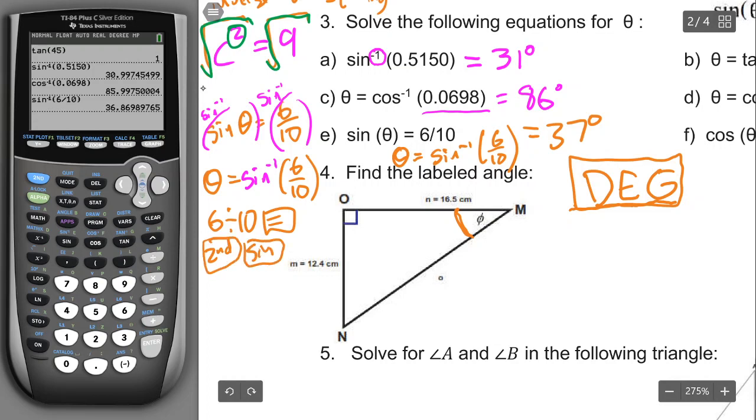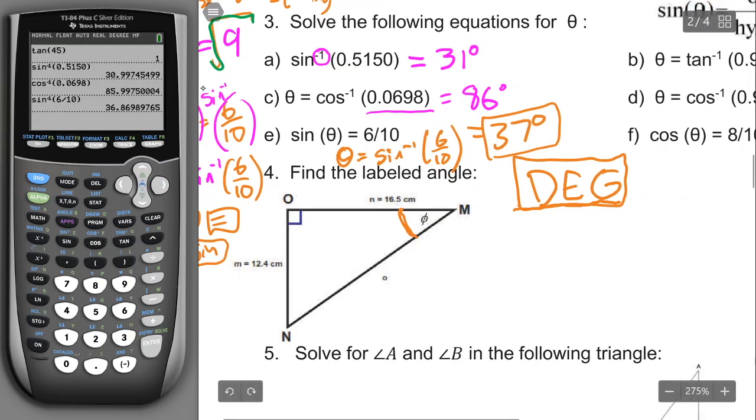Some calculators you need to hit equals here, usually you don't. And that should also give you your 37 degrees. Okay, so pause right now, check that you can actually get 37 degrees, or 36.869 on your calculator. Okay, cool. So we're back. Hopefully you're able to do this. If you still can't figure it out, please contact me and I'm happy to help.